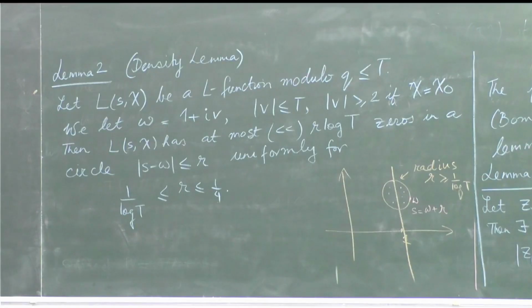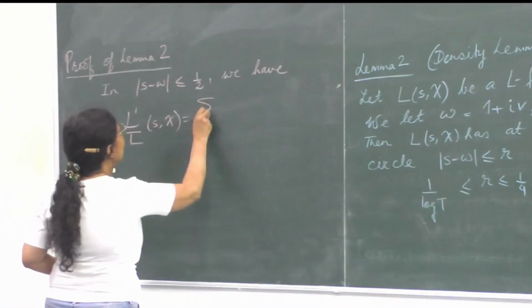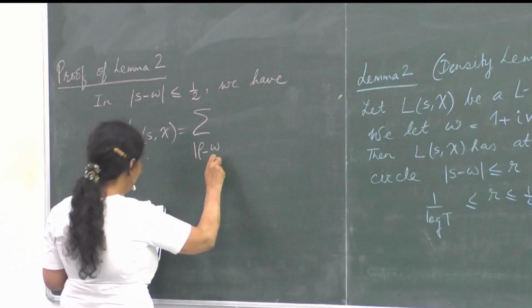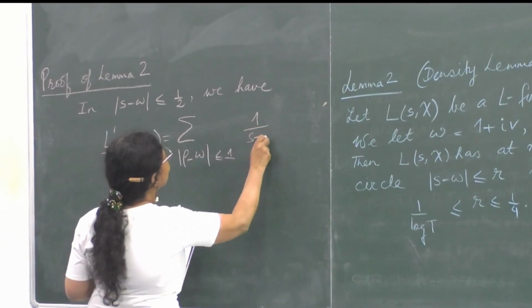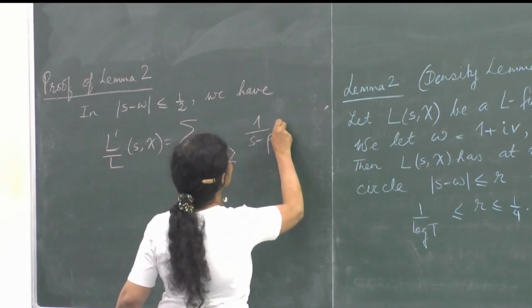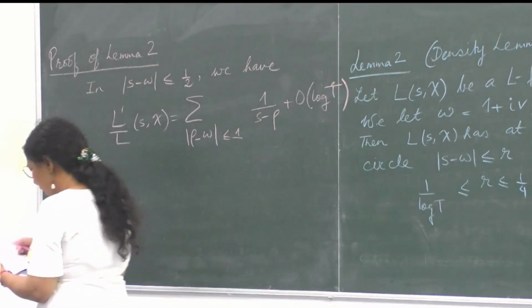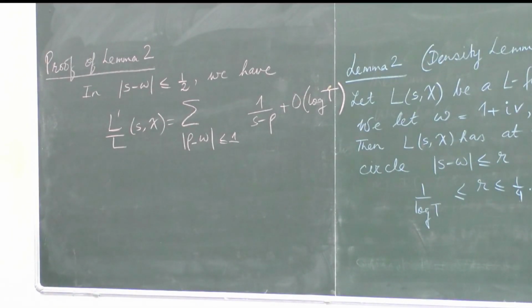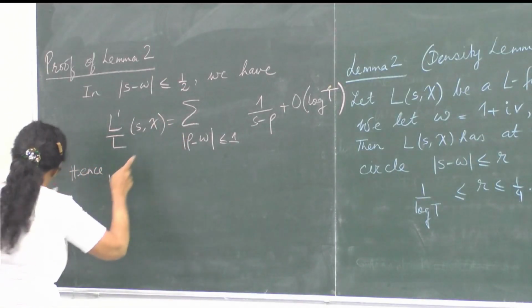We know that L prime by L of (s, chi) can be bounded by the sum over rho with |rho minus sigma| less than or equal to 1 of 1 upon s minus rho, plus big O of log t. Now I can pull that out, which I do.